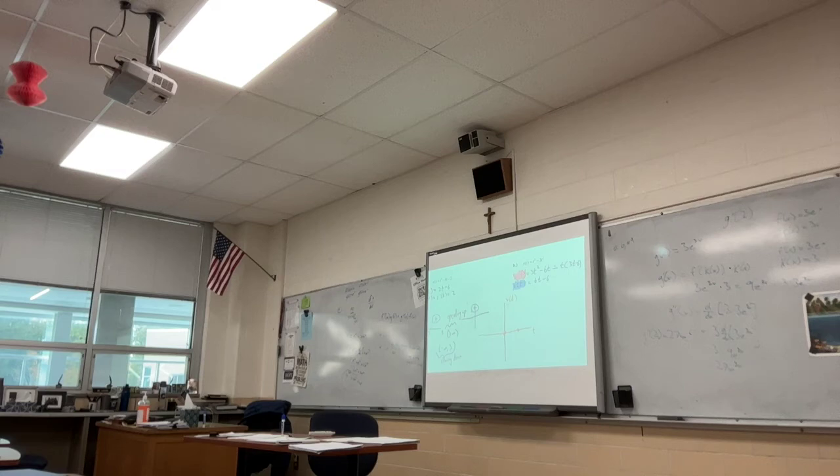This is t equals 0, and t equals 2. It's going to be like an upward opening parabola like that. So to the left of 0, velocity is going to be positive. Between 0 and 2, velocity is going to be negative, and then to the right of t equals 2, it's going to be positive again.